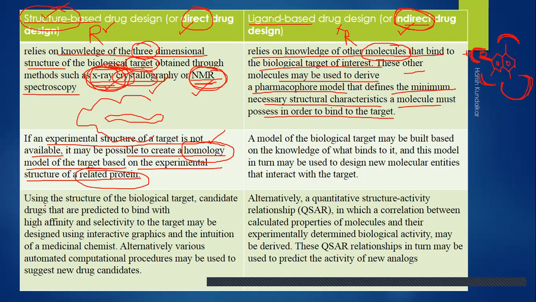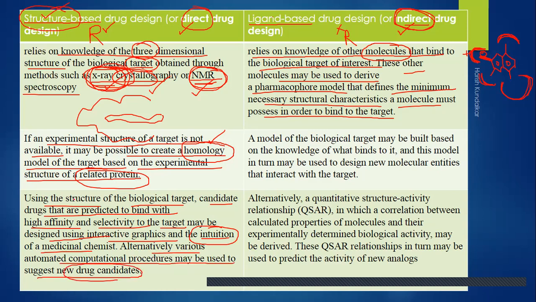And then using the structure of the biological target, candidate drugs that are predicted to bind with high affinity and selectivity to the target may be designed using interactive graphics and the intuition and experience of the medicinal chemist, the prediction ability of the medicinal chemist. Alternatively, various automated computational procedures may be used to suggest new drug candidates.